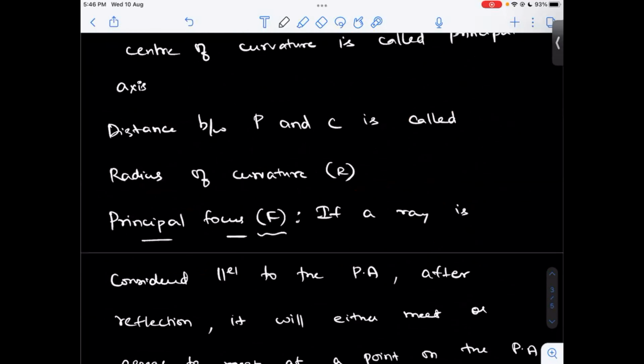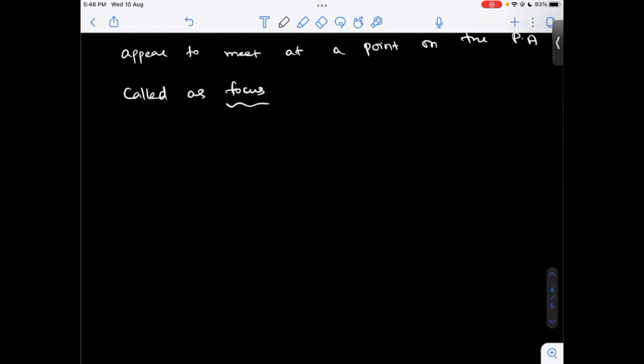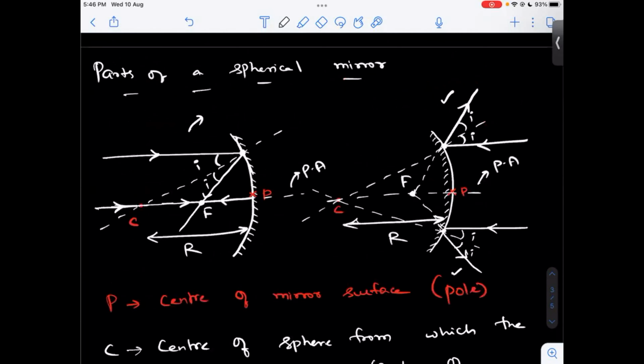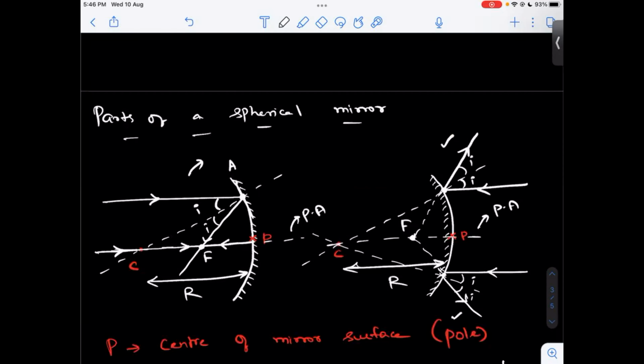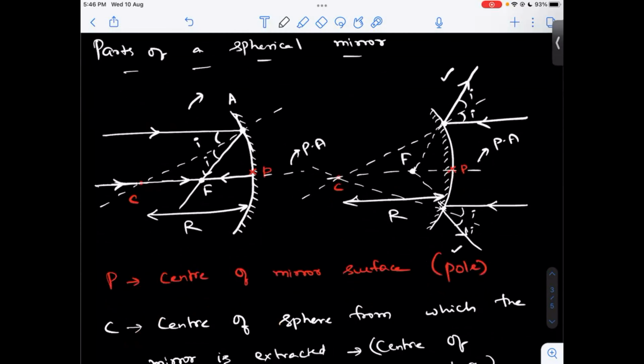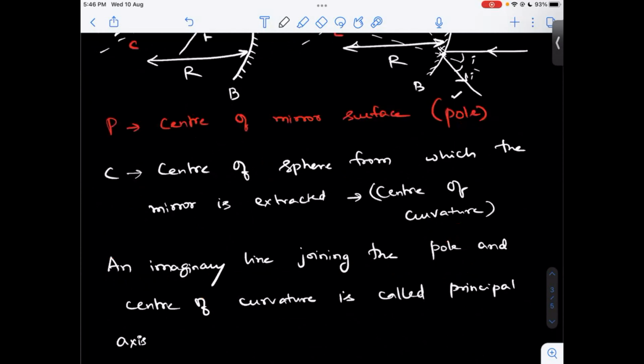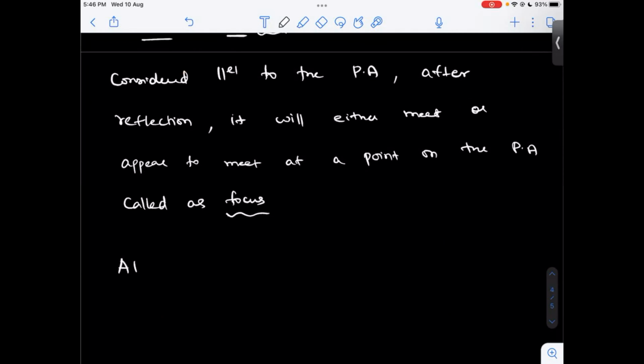Now see. The next point is, if I take A, B, and here also I take AB, the length AB is called the aperture of the mirror.